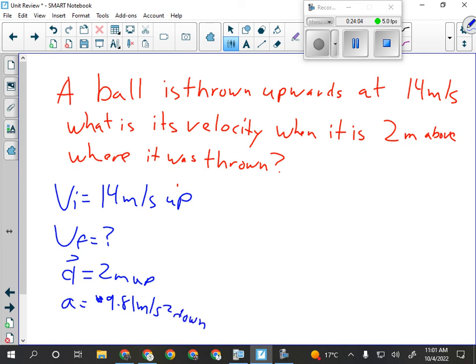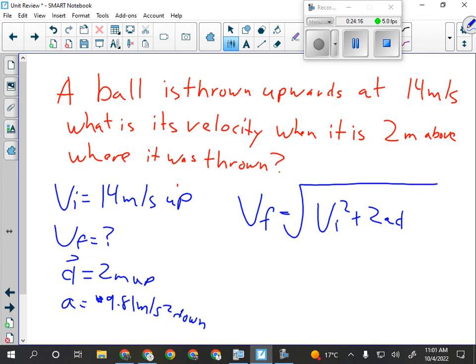So if I'm going to find that, I've got to use vf squared equals vi squared plus 2ad, and I just have to square root it. So vf will equal the square root of vi squared plus 2ad. I have vi, a, and d, so I can just plug them into the formula. 14 squared plus 2 times negative 9.81 times 2 meters.